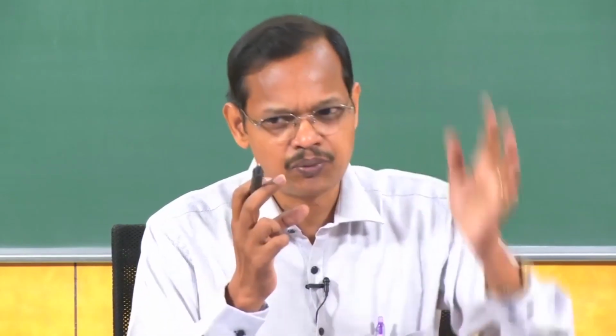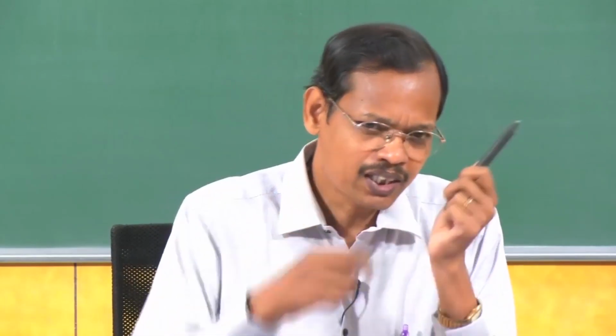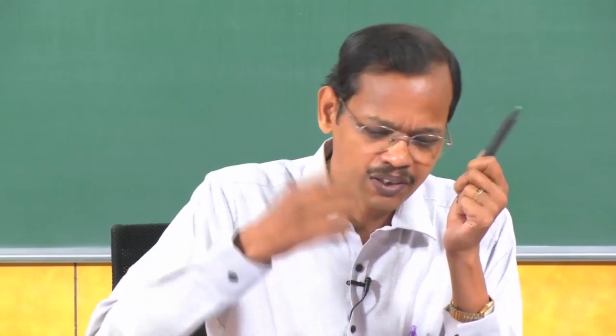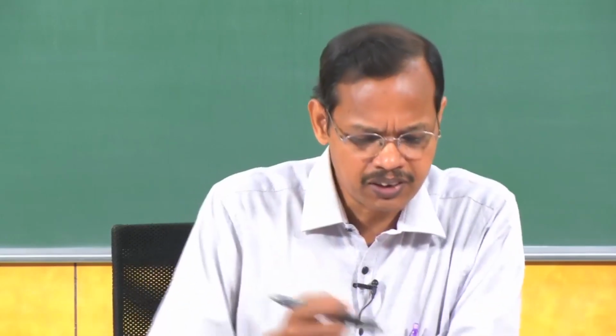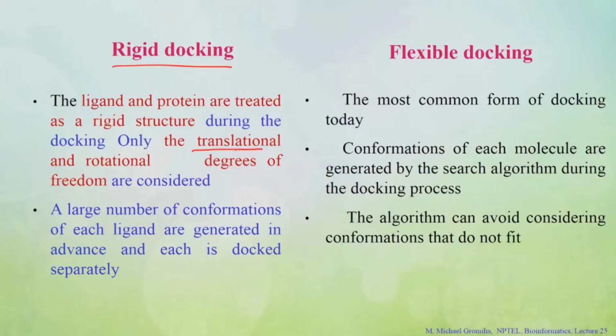Then for the ligand, we can make different orientations and different conformations, and for each conformation we treat the ligand as rigid and the protein also as rigid and you can see the docking. So, we get one energy. So, we make the different conformations based on the translational and rotational degrees of freedom, and you can see how they fit with the protein. That is called rigid docking.